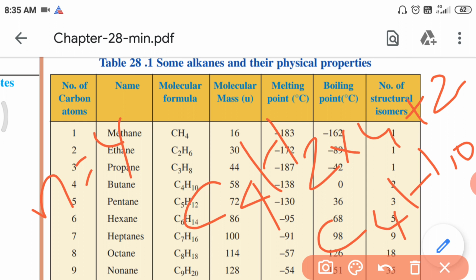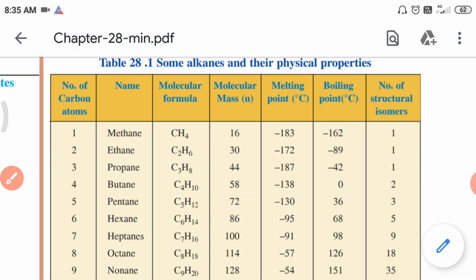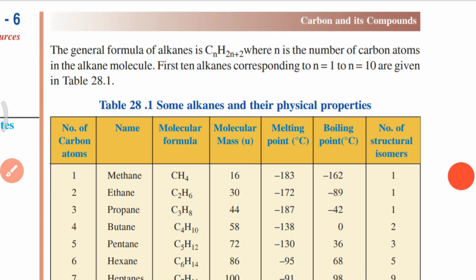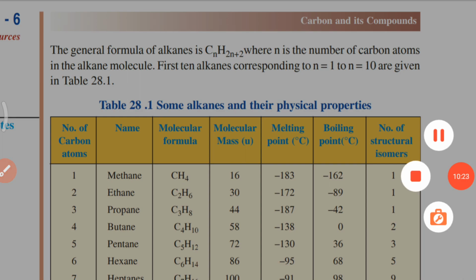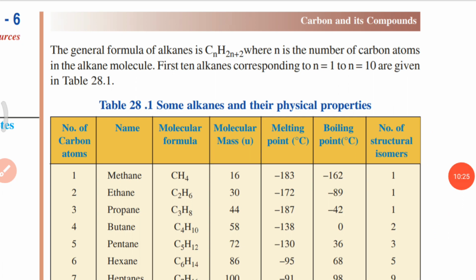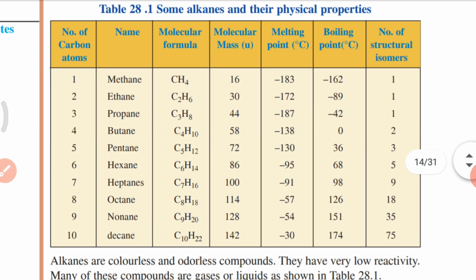C4H10. The compound C4H10 is known as butane. Similarly, we get every compound by substituting into this equation, CnH2n+2, the alkanes. Here we get the first 10 alkanes.